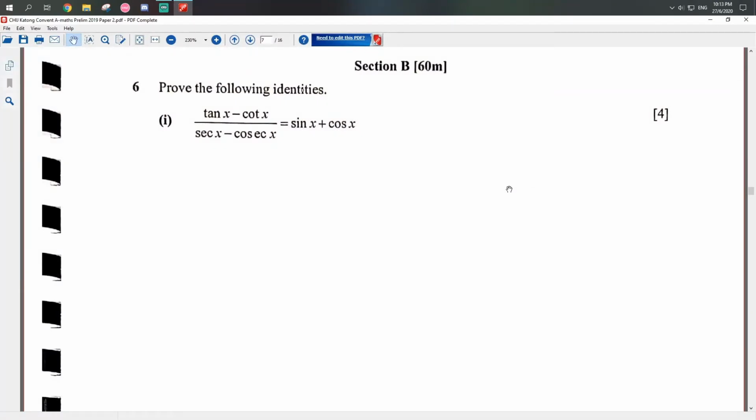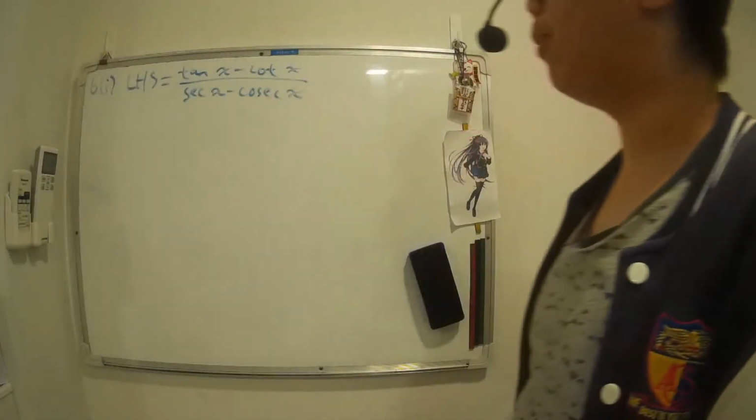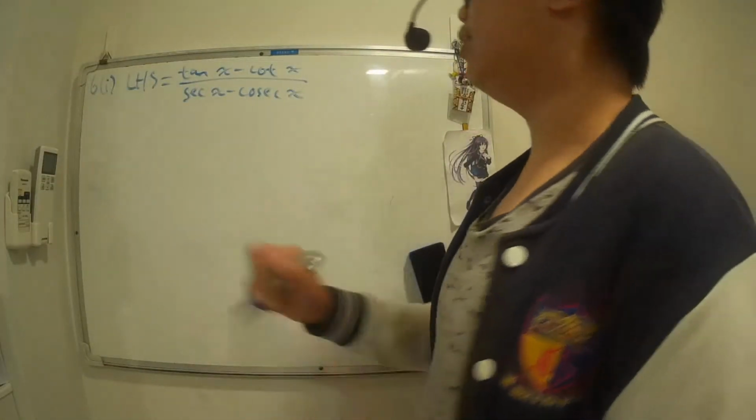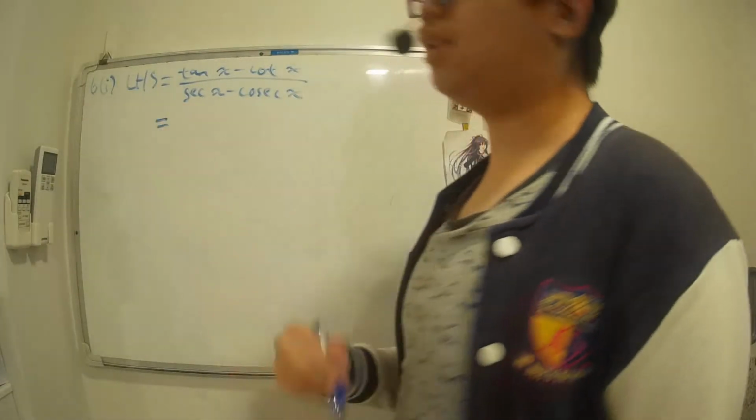Question 6. Prove that (tangent x minus cotangent x) over (secant x minus cosecant x) is equal to sine x plus cosine x. So I will start working from my LHS. I'm going to change everything to sine and cosine.